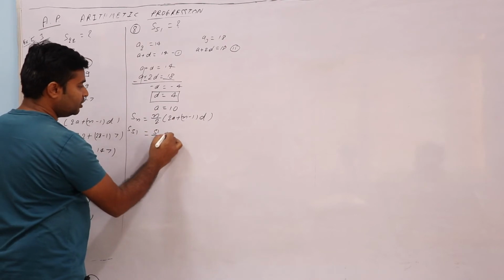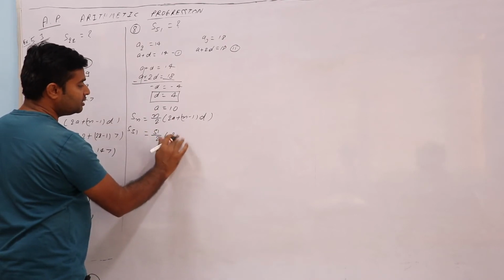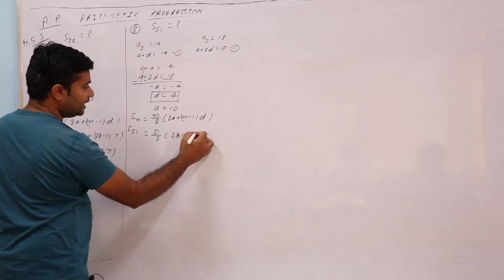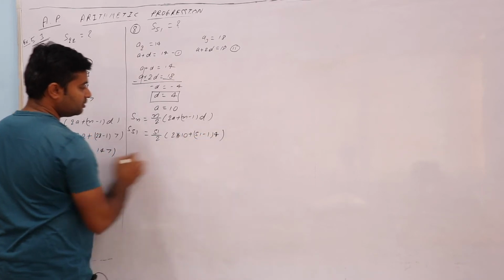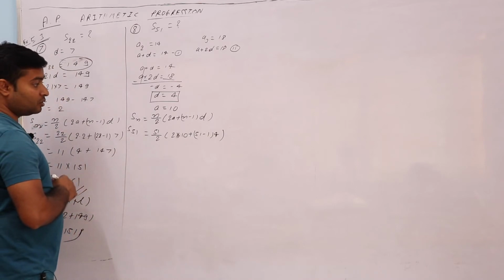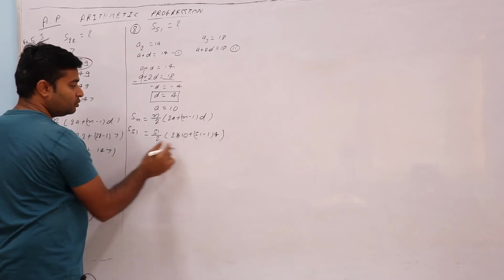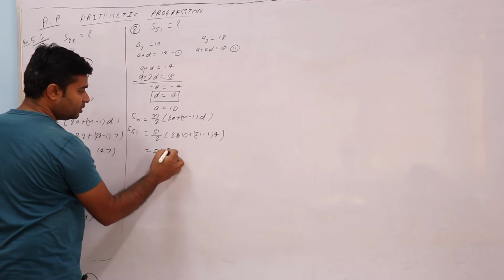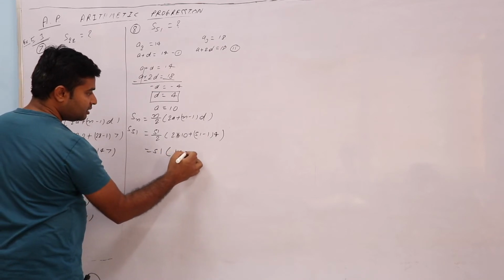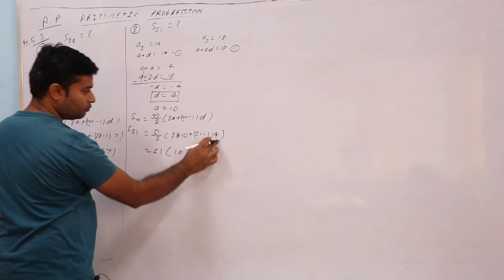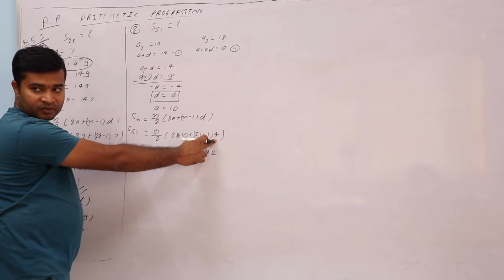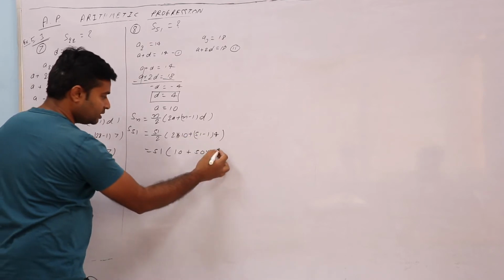So 51 by 2 into 2A, A is 10, n minus 1 is 50, D is 4. From here remove the 2, from here also the 2 is removed.